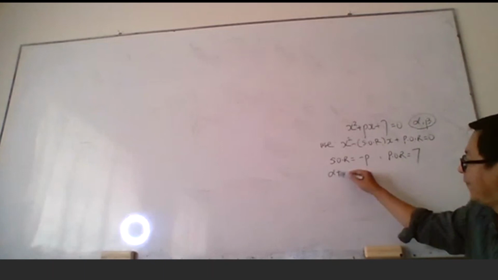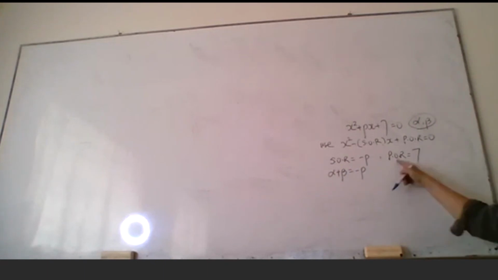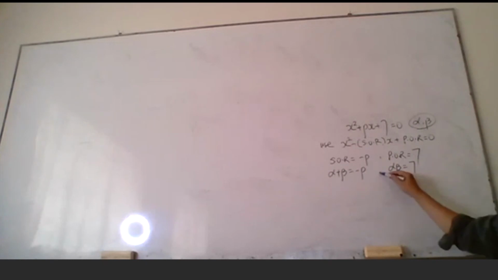And the product of the roots, you can straight away look at the figure, 7. Since the question says alpha and beta represent the roots, the sum of the roots means alpha plus beta, and the product is alpha times beta.